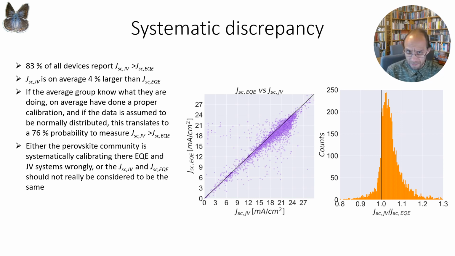And this means that either the perovskite community systematically has been calibrating the equipment wrong, or that there truly is a systematic difference between those two values. And if that is the case, we actually need to reevaluate some of the assumptions we have had in the field.